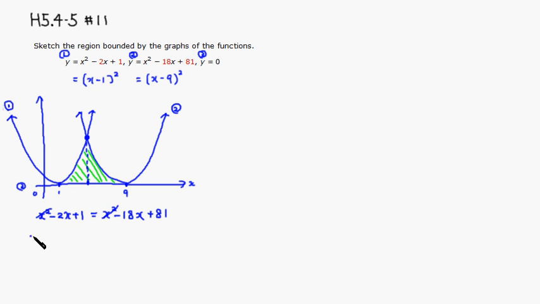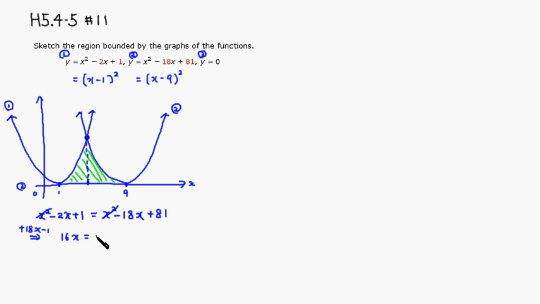All right, then I'm going to add 18x to both sides. So that's going to be 16x, which is equal to, and actually I have to subtract 1, so that the 1 is going to be on this side. So 18x is on this side and the 1 is going to be on the other side.